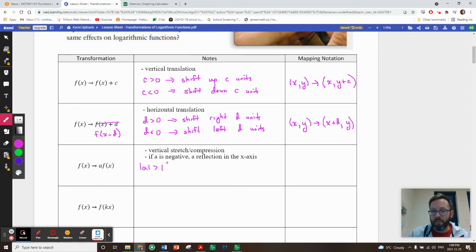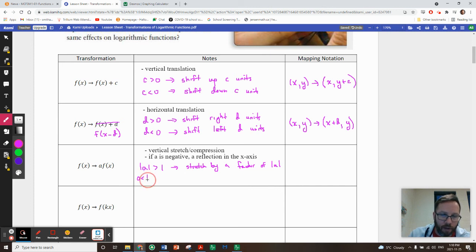So ignoring the sign, if it's a number like 2 or 3 or 1.5, if it's bigger than 1, you get a vertical stretch. You stretch by a factor of the absolute value of a.